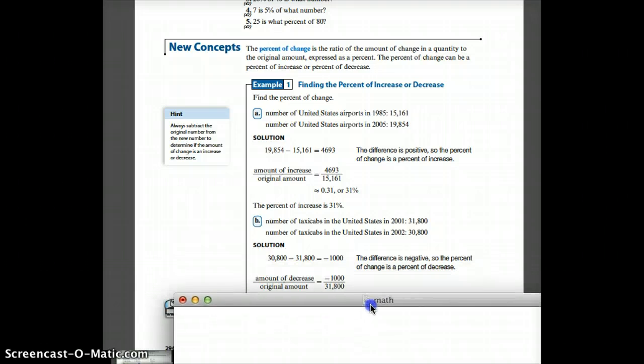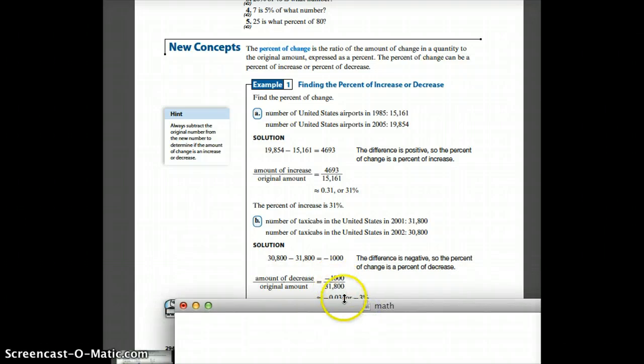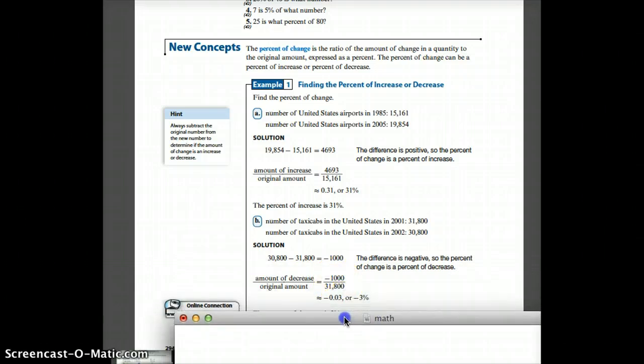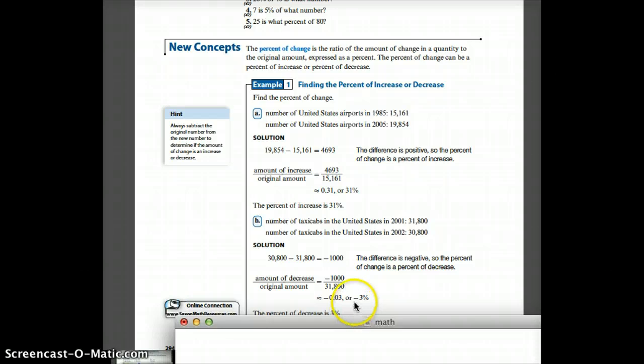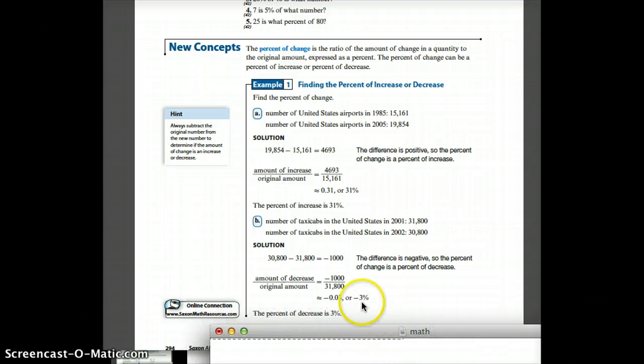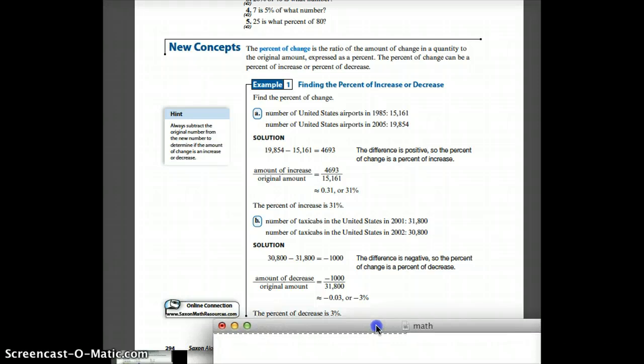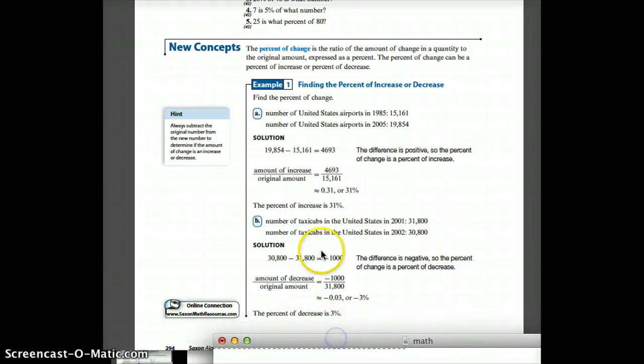Okay, so we know that's a decrease, negative 1,000. Okay, over the original amount, which is there, divide it, negative 0.03 or negative 3%. So the decrease is 3%. That's very important because we have it listed as a negative, but when we say a decrease, we just list it as the positive. It's a decrease of 3%.